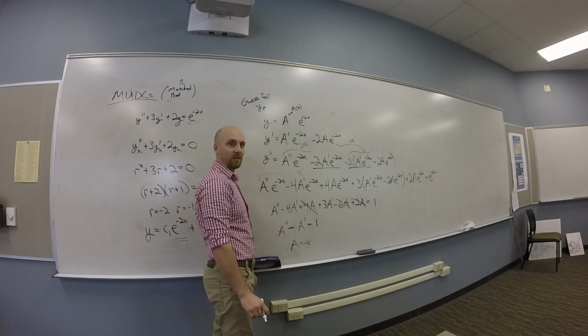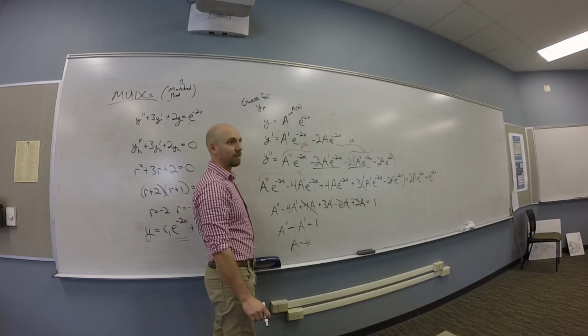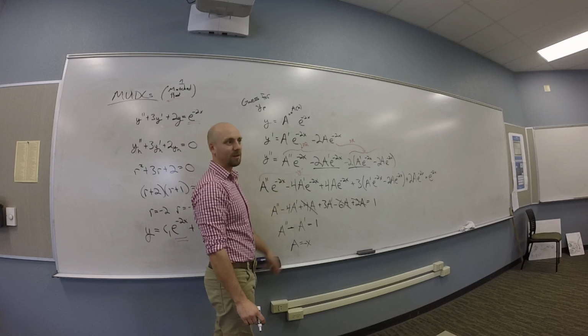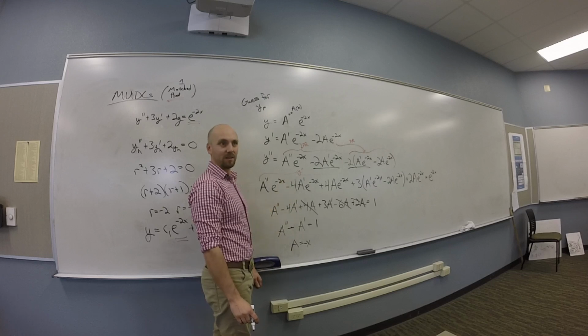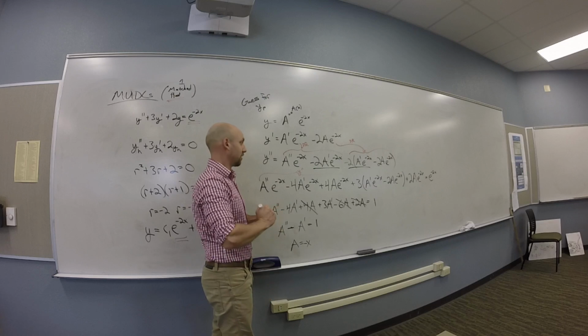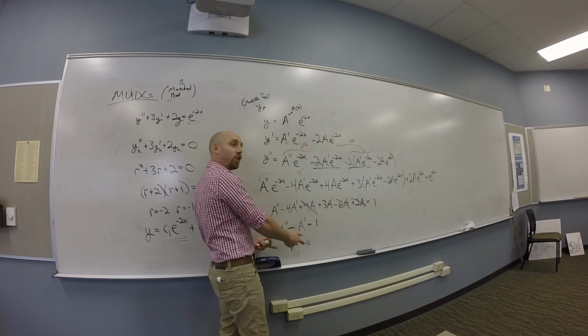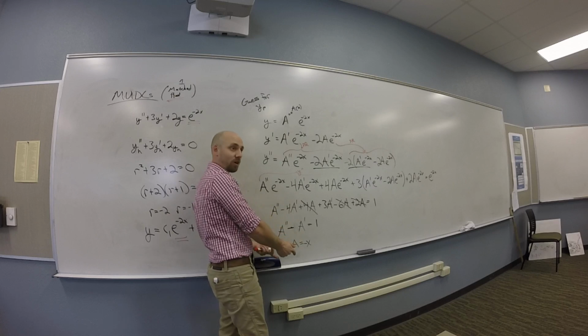You guys see that? But I found a is minus x will work. And I don't really care about the constant because I'm going to absorb that into my guess anyway. You guys with me on that? Okay, so this is how you would demonstrate that x is a good guess, up to a constant at least.